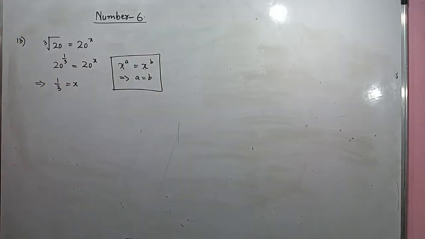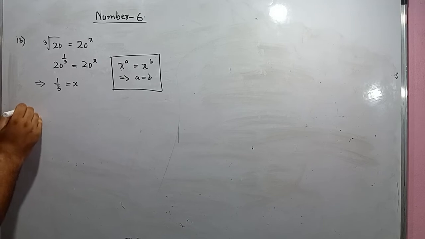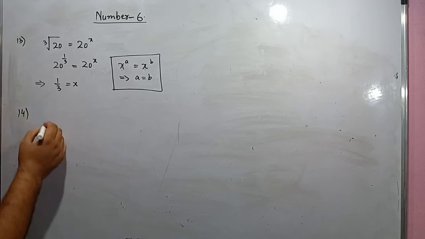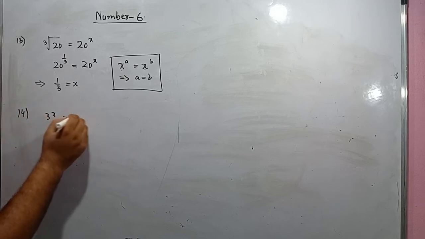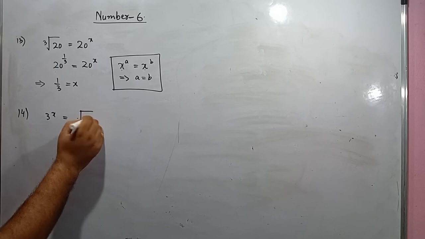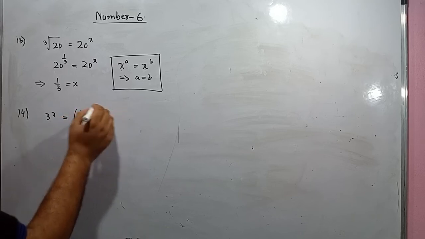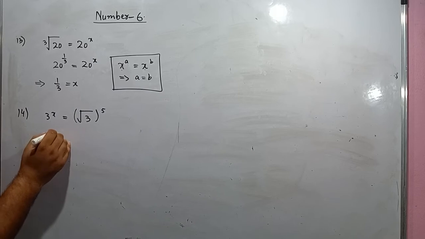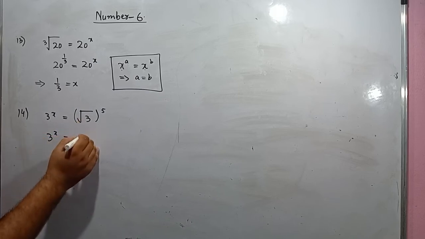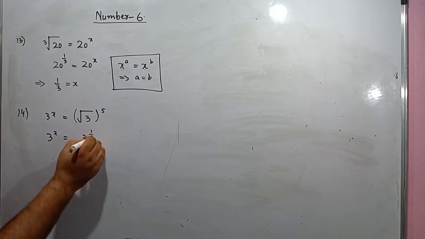Now coming to the 14th one, it is the same question. It's 3 to the power x is equal to square root of 3 whole power 5. Now you know it's 3 power x only. Here square root means 3 to the power 1 by 2.